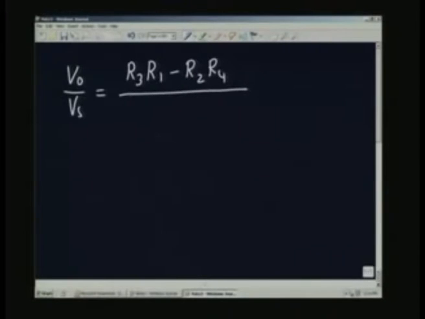We saw that the ratio of the output voltage to the input voltage, V0 by Vs, is given by (R3 R1 minus R2 R4) in the numerator, divided by (R2 plus R3) into (R1 plus R4).